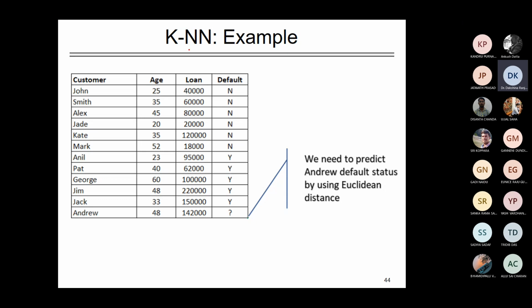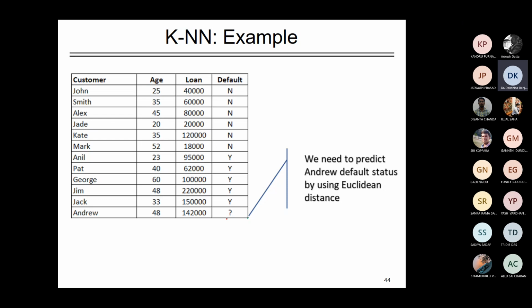Using KNN, since we have two-dimensional data, age can be represented along the y-axis and loan along the x-axis. Then we place the query point in this cloud of different customers.